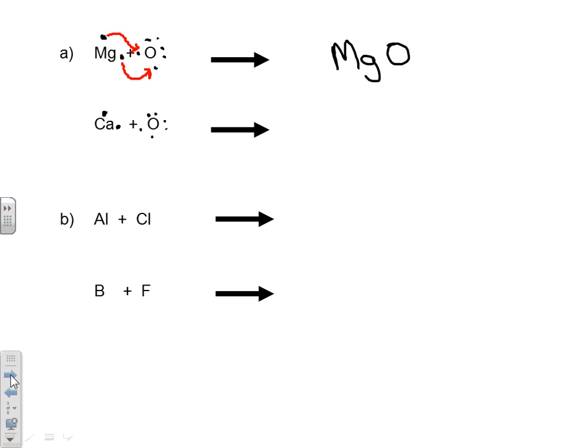So again, we can have this guy go with this guy go with this guy. And so calcium, just like magnesium, can form a compound with the same formula because it has the same properties. CaO. All right?